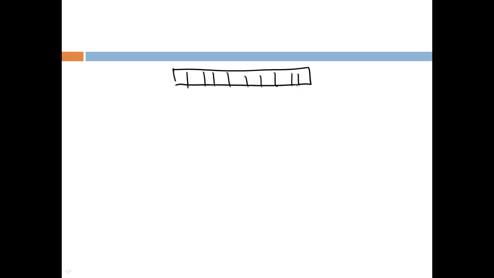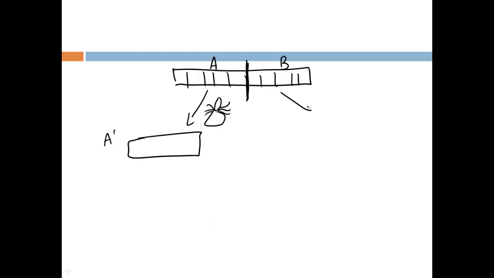Then the recursive way to do this, or the divide and conquer way to do this, is to divide the array into 2 parts, let's say A and B. Okay, and then since the left and the right arrays are smaller, I can call the recursion devi on the left half of the array and ask her to sort that, and I'll get this sorted list A prime. And I can call the recursion devi on the second half and ask her to sort that, and it'll result in this array B prime, right?